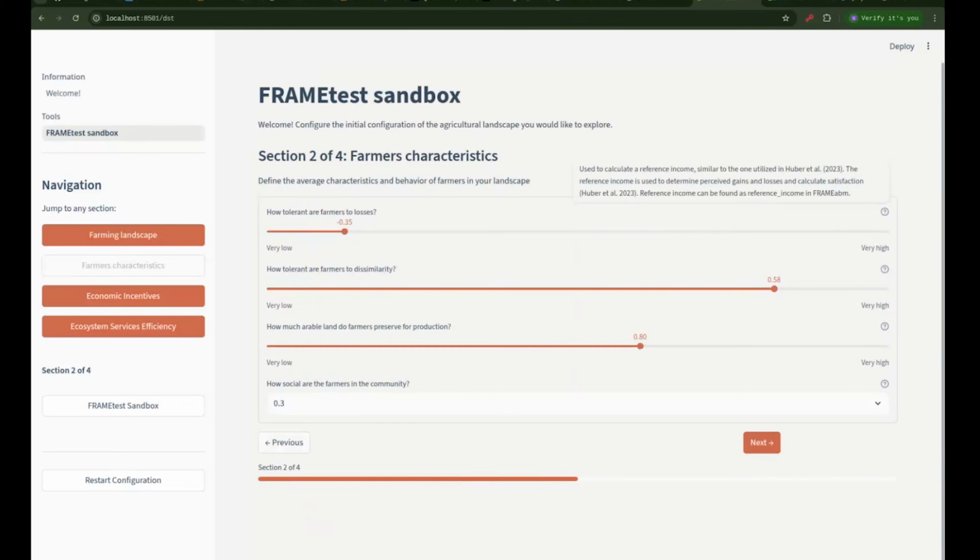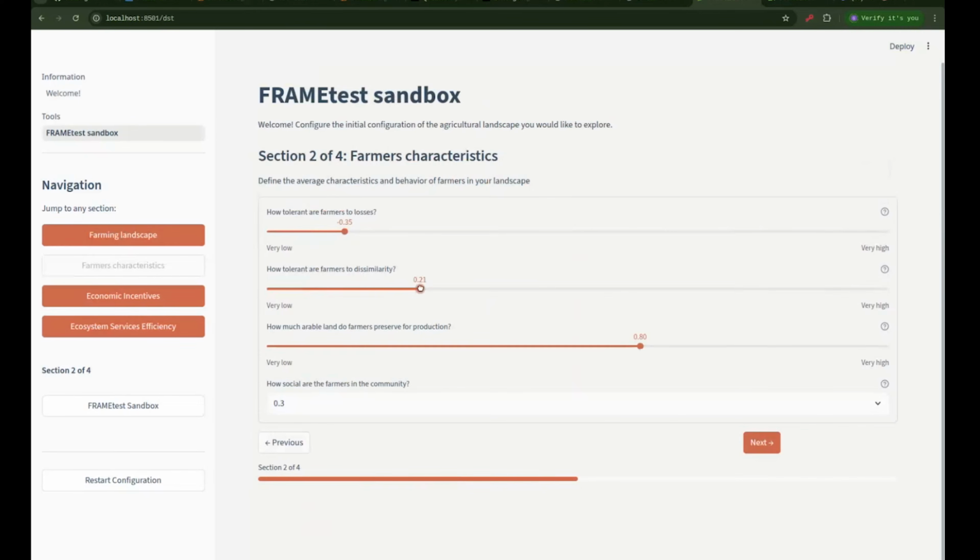That's very specific. You get that from surveys, but we can estimate or approximate it by calculating how tolerant a farmer is to losses. It's converted through some equations in the model.